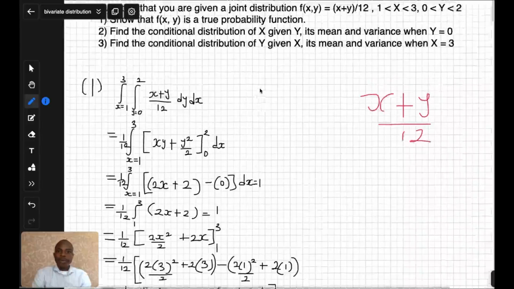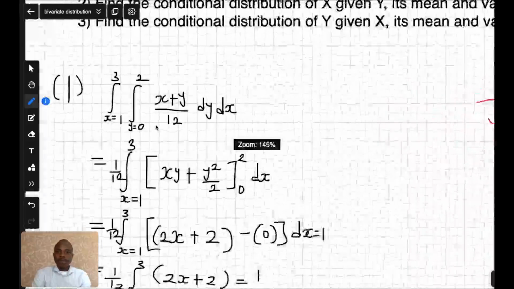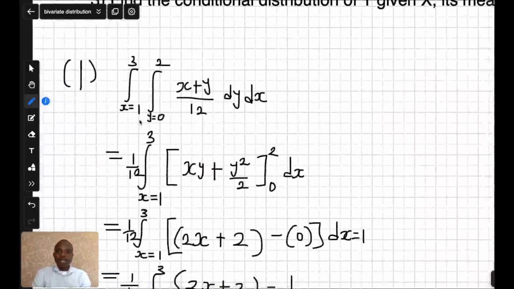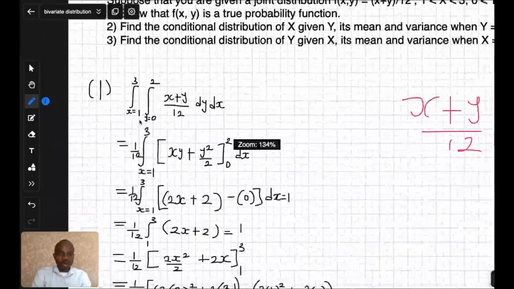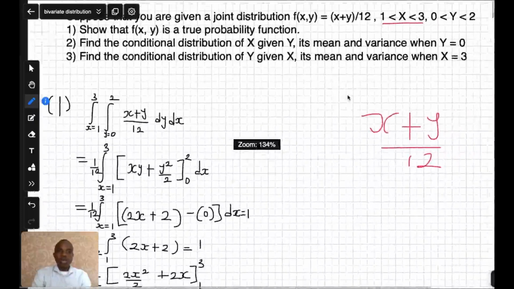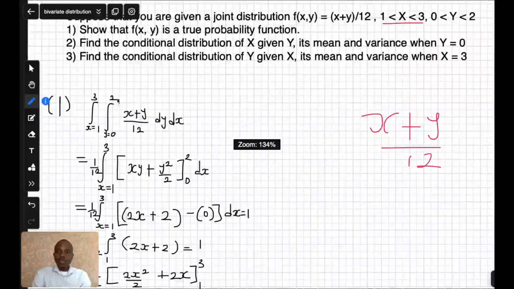Now, we use the double integral, where x takes values from 1 to 3, and y takes values from 0 to 2. Don't forget that.